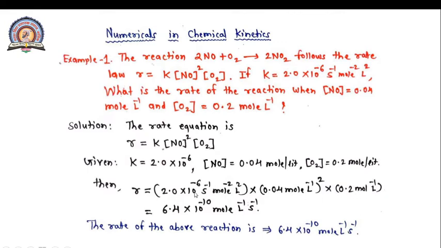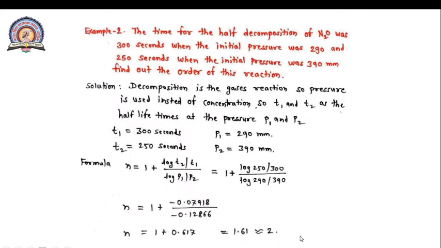Solve this term, then the answer becomes 6.4 into 10 raised to minus 10 mole per liter per second, and therefore the rate of the above reaction is 6.4 into 10 raised to minus 10 mole per liter per second. Now let us go to the second example.